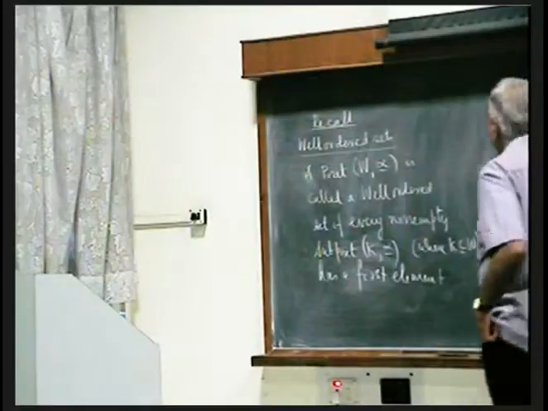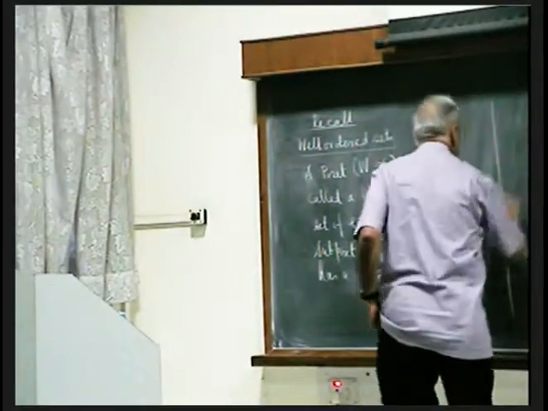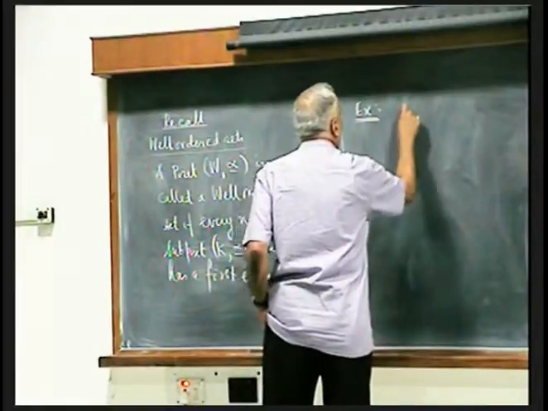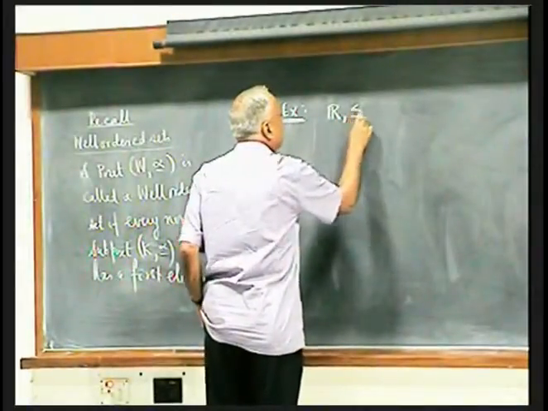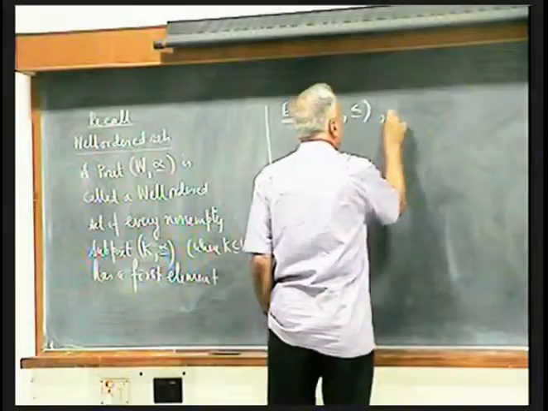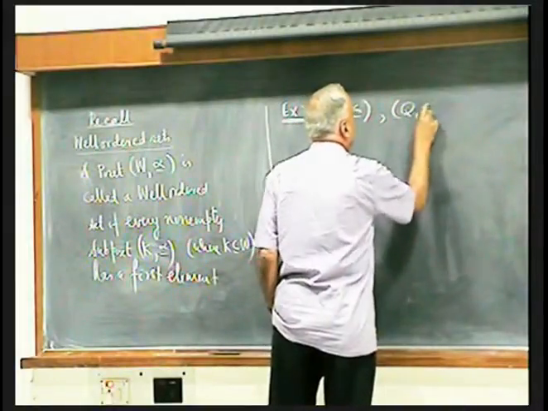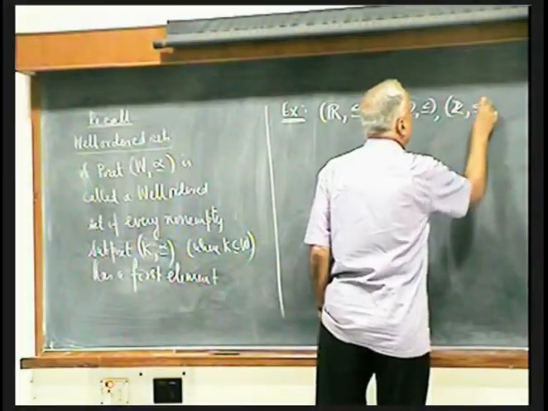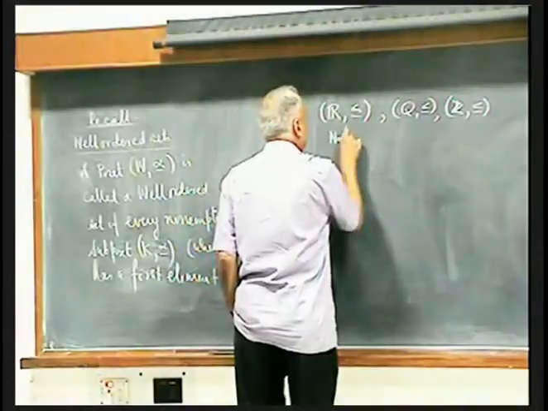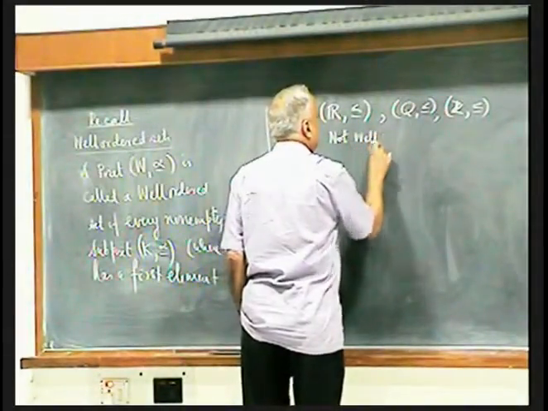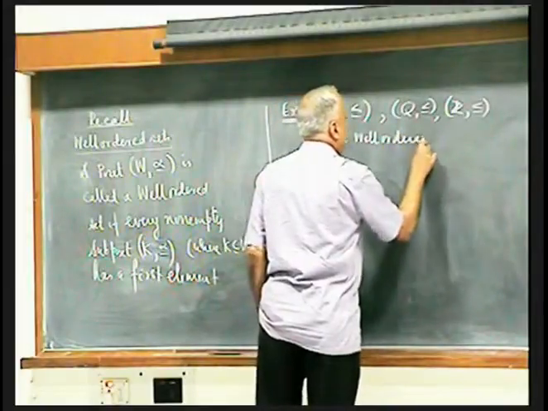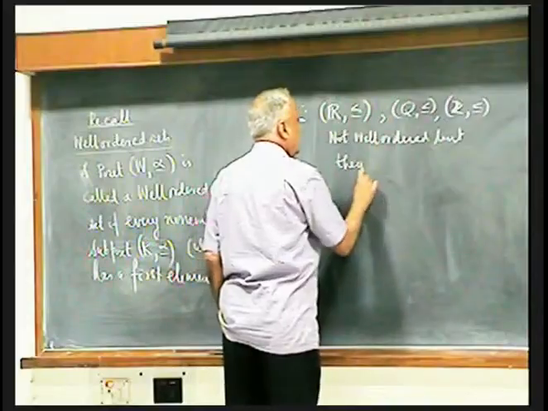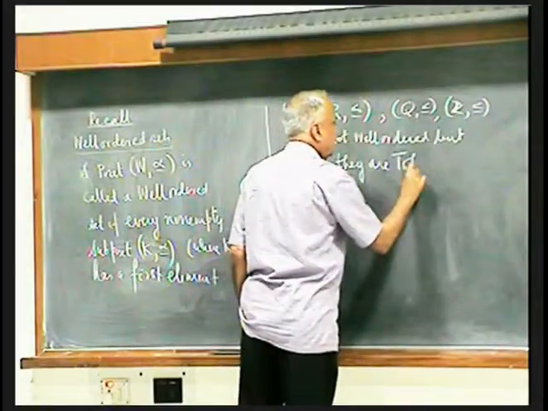Now I gave you a number of examples. Some of the standard examples: these are all not well-ordered sets, but they are totally ordered.